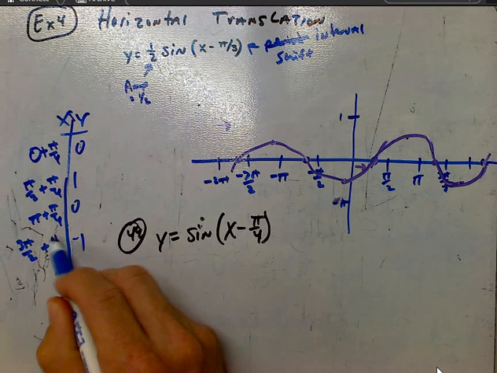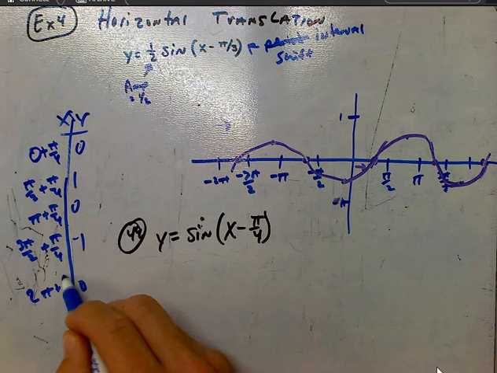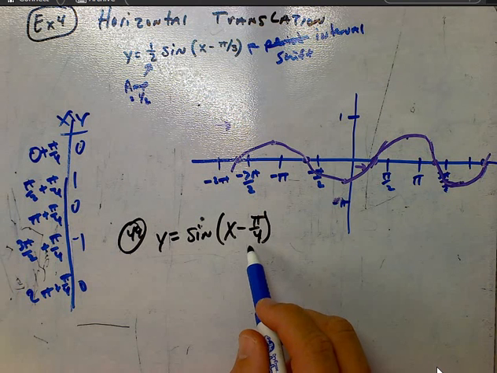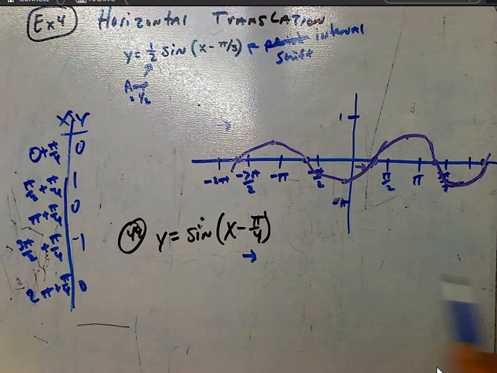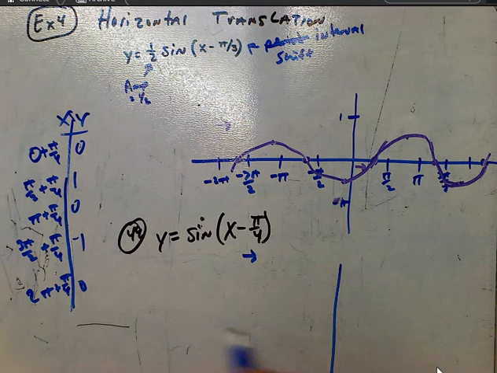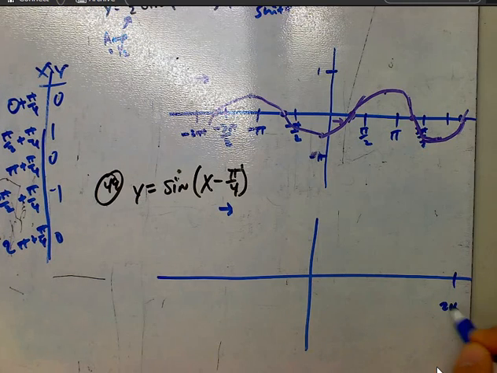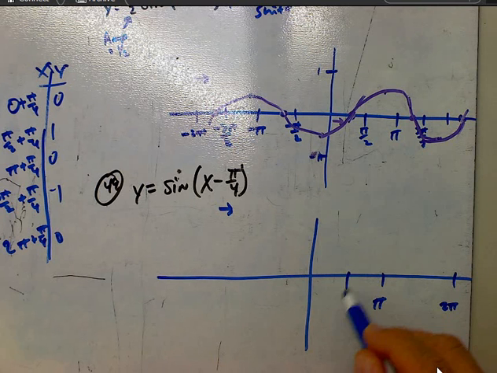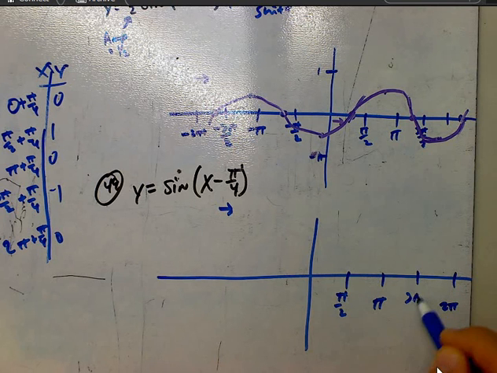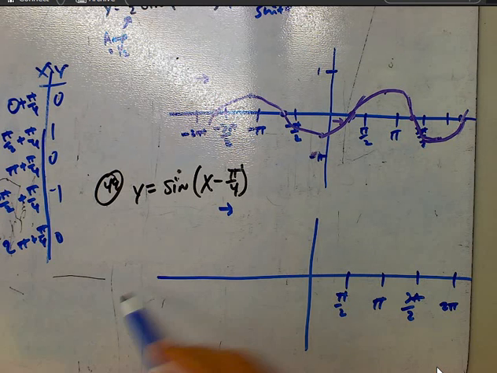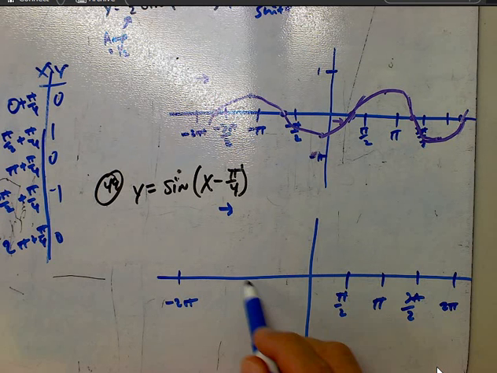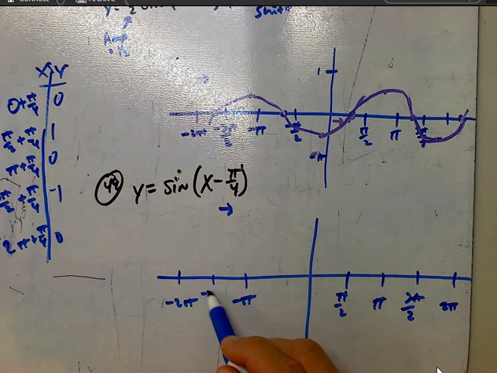And 2 pi plus pi over 4, because it takes a pi over 4 shift to the left, or sorry, to the right. So on my graph, again, I'm going to put in 2 pi, pi over 2, 3 pi over 2, negative 2 pi, negative pi, negative 3 pi over 2, negative pi over 2.